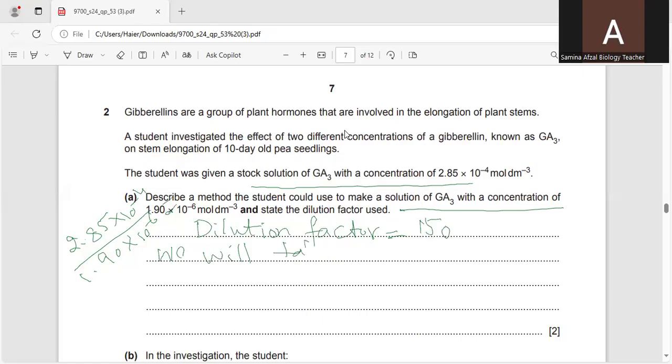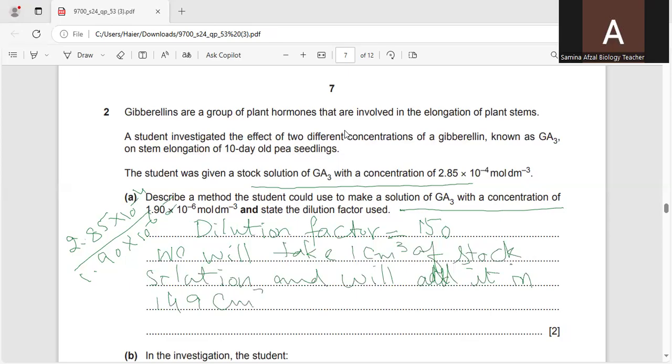So we will take 1 cubic centimeter of stock solution and add it to 149 cubic centimeters of distilled water.